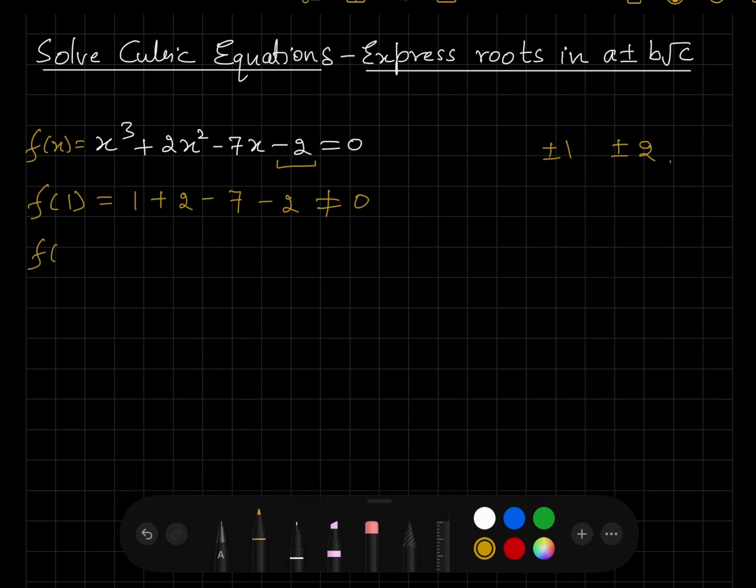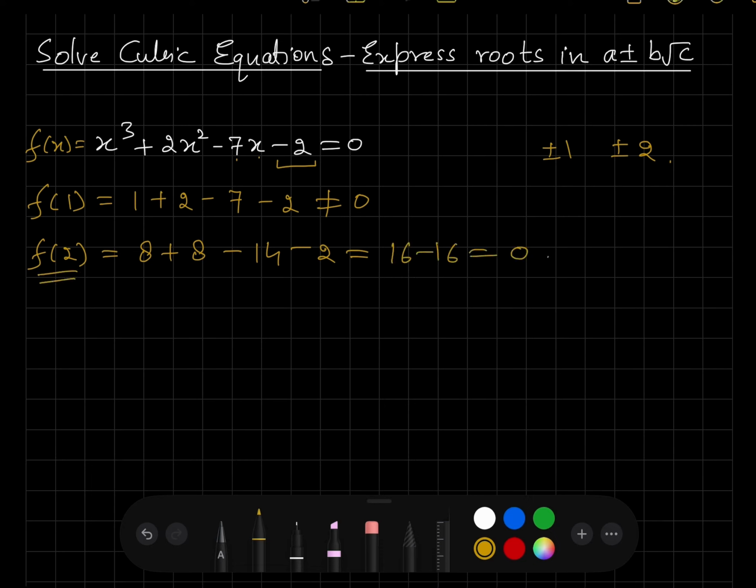Let us try f(2). 2 cubed is 8, plus 2 times 4 is again 8, minus 2 times 7 is 14, minus 2. This is giving me 16 minus 16, which is equal to 0.